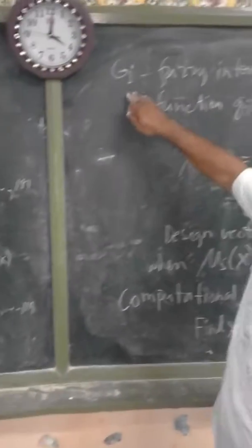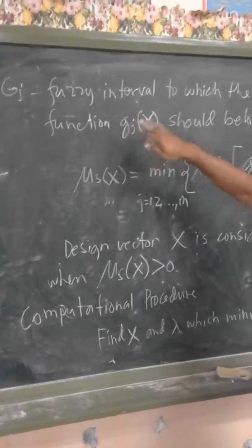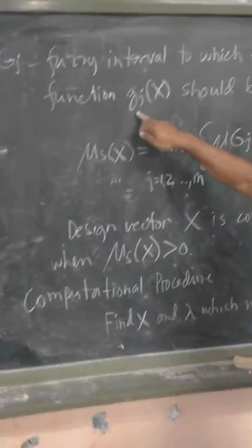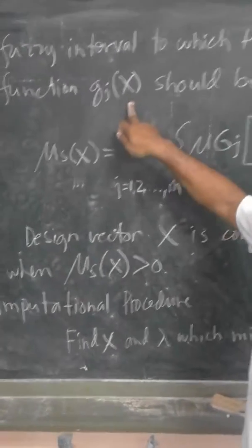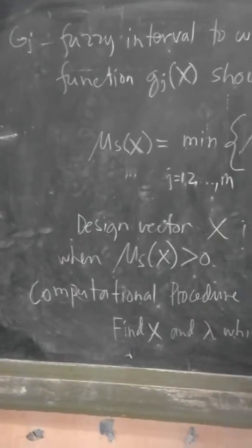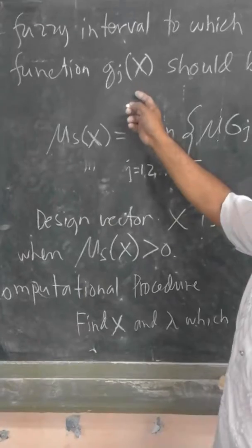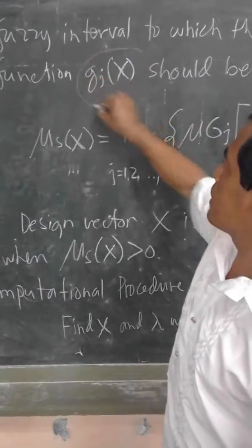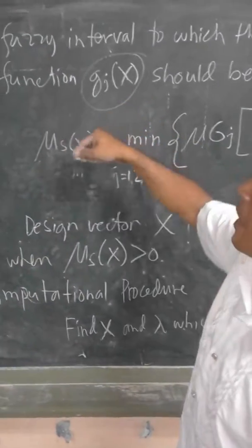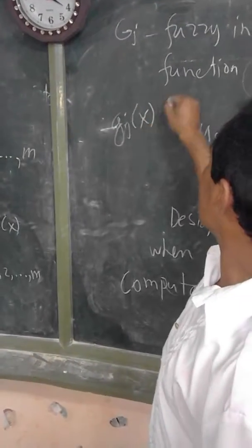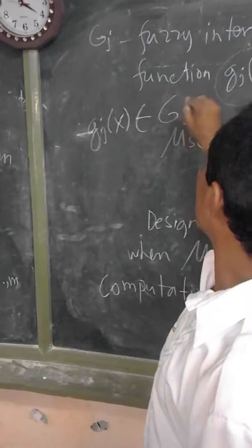Where G now is our fuzzy interval to which the function g sub j of x should belong, meaning g sub j of x is an element of G. Okay.